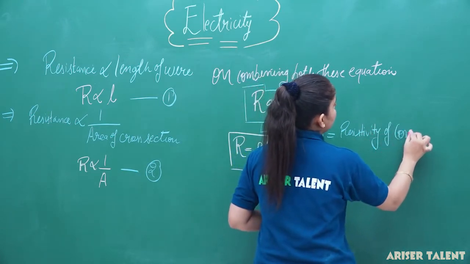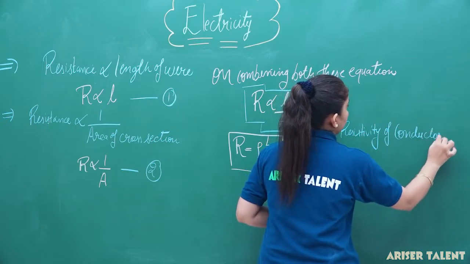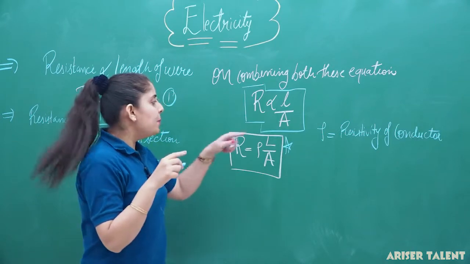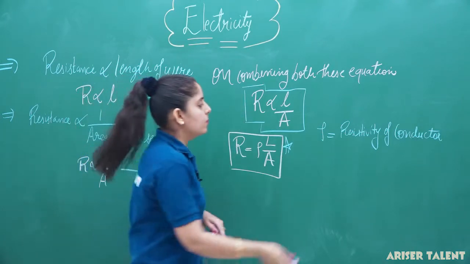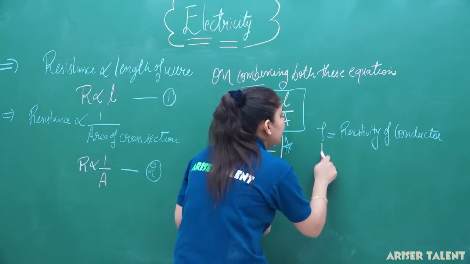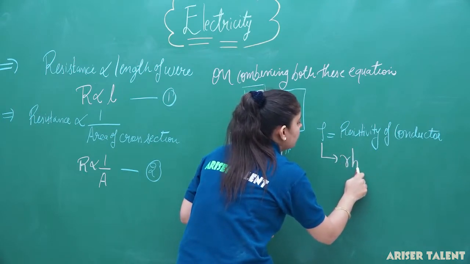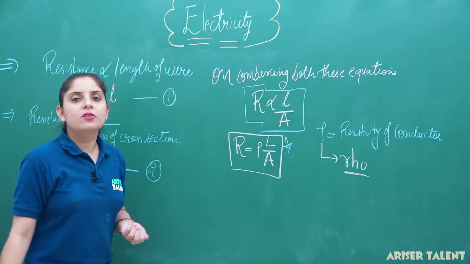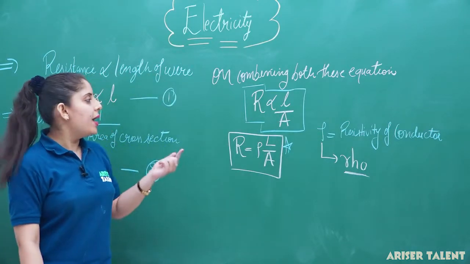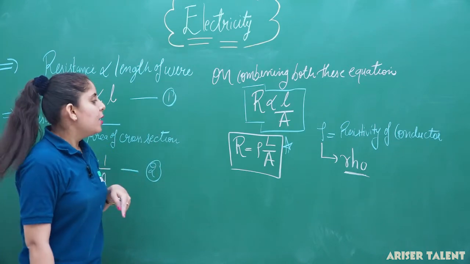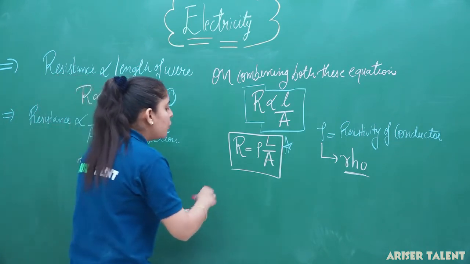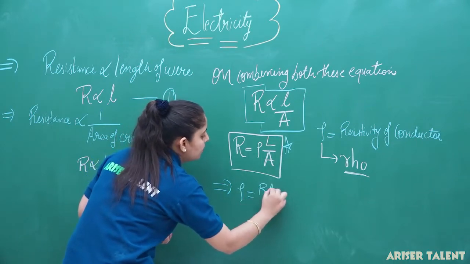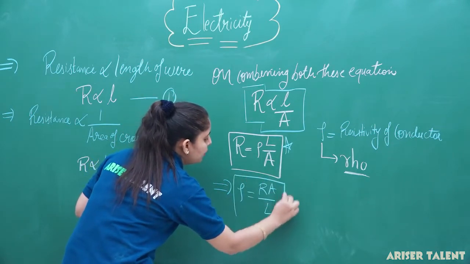This rho is the proportionality constant here. Now if I calculate the value of rho from here, I will get rho equal to RA by L. This is our new formula for the resistivity.